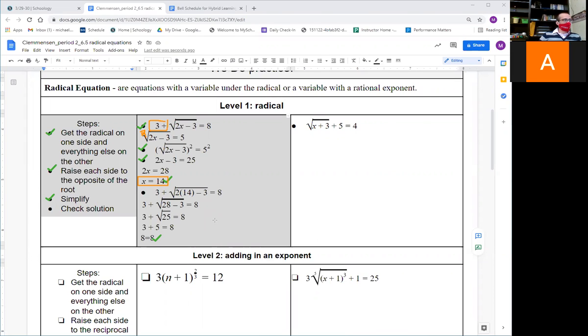Are there any questions on the first problem of level 1 before we move on to the second problem of level 1? Anybody confused on anything? Want me to go over anything again?